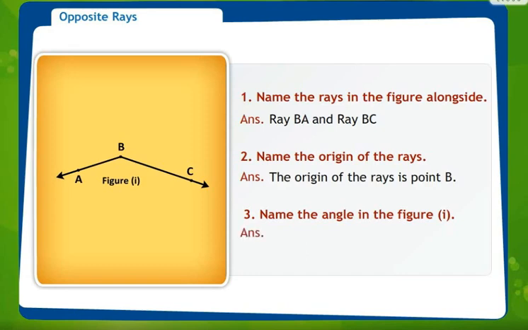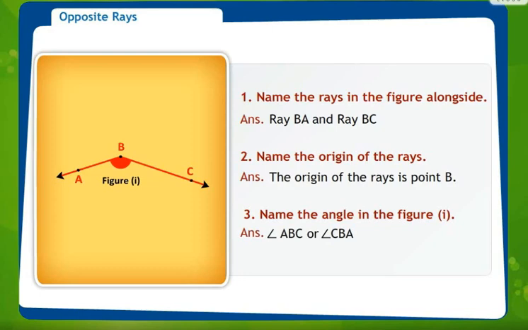Now if we look at the diagram and we have to name the angle in the figure, you can name the angle as ABC or angle CBA. Now a note: whenever we are writing the names of the angle, if you are using three letters, all three letters are capital, and if you are using a single letter, that single letter will also be a capital.